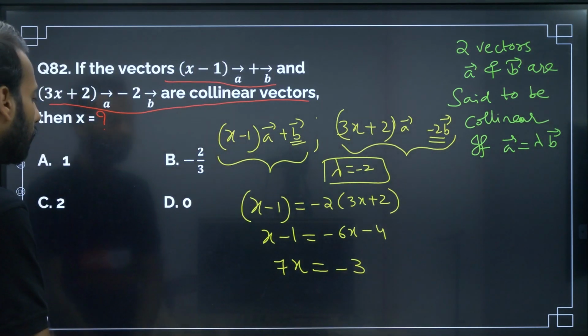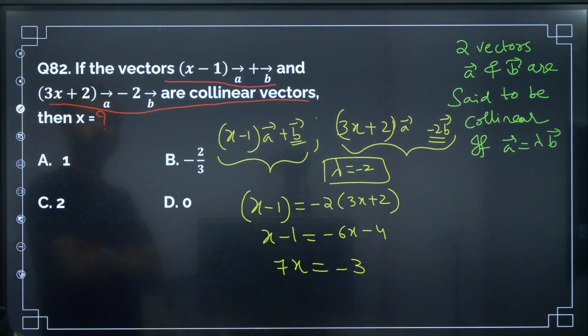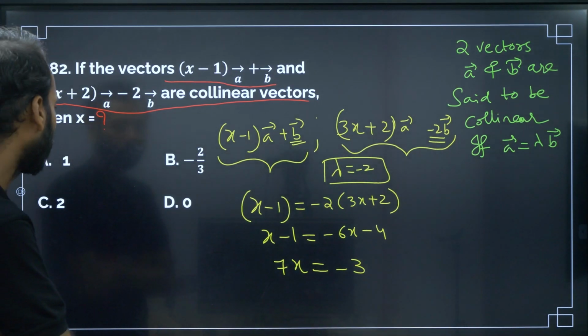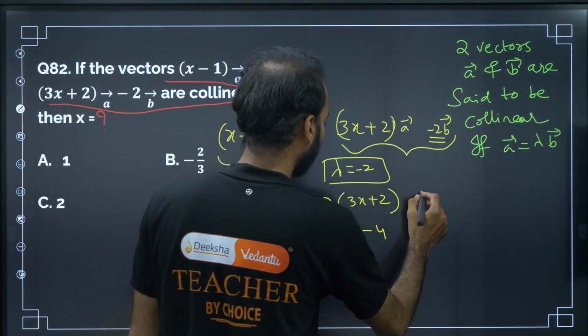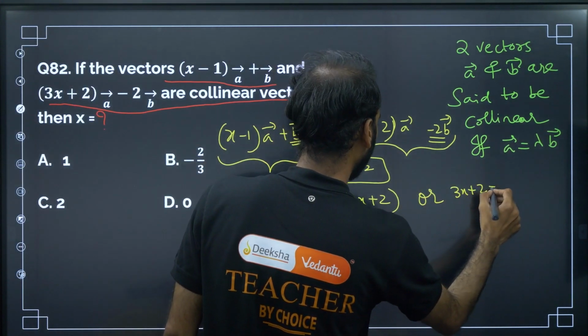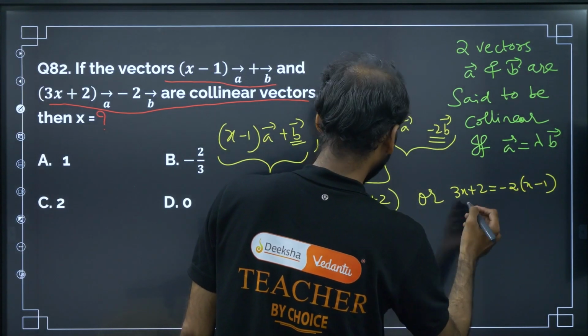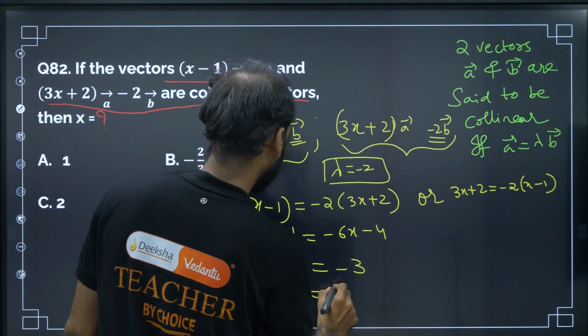So x is equal to minus 3 by 7. Or you can also write 3x plus 2 equal to minus 2 times x minus 1. Let me take this also.